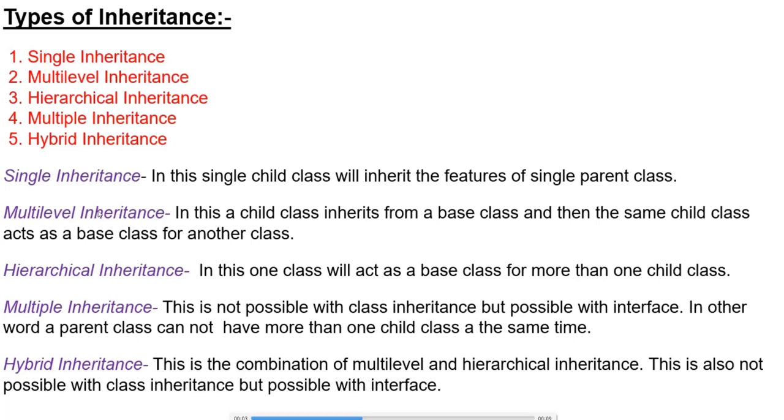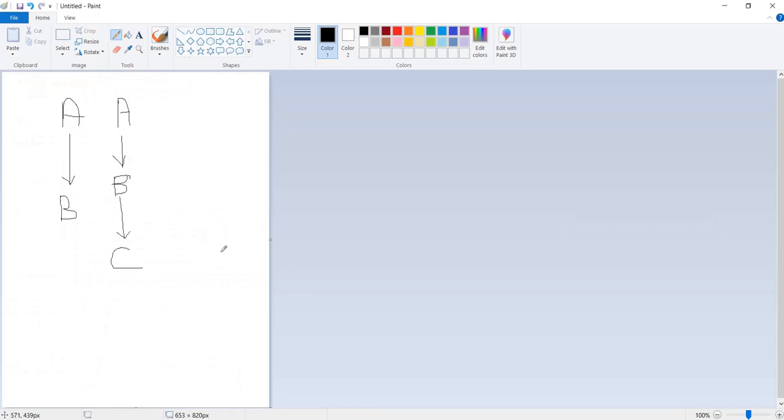Now hierarchical inheritance. In this, one class will act as a base class for more than one child class. It means suppose we have a class A, and class B is inheriting class A. So here B is the child class, A is the parent class.